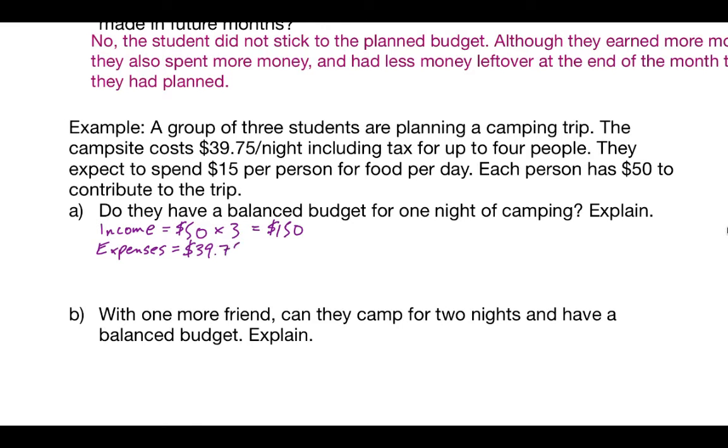That will cover the 3 people. They could have even had a 4th person for the same price if they want. Plus, they're expecting a cost of $15 per person for each day of food. And we're just talking about one day, but we've got 3 people. So if we add that up, it's $84.75.